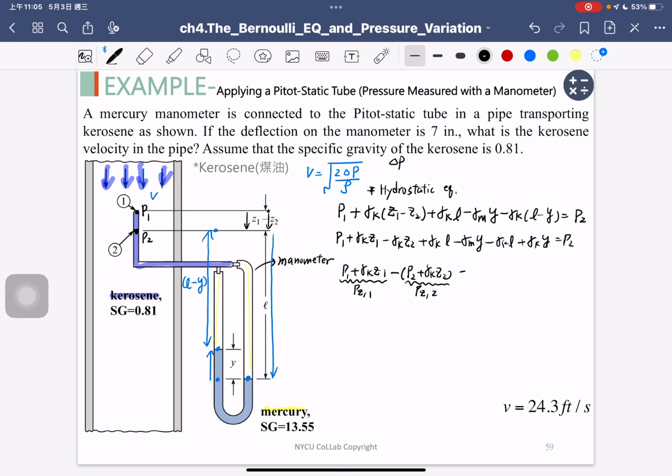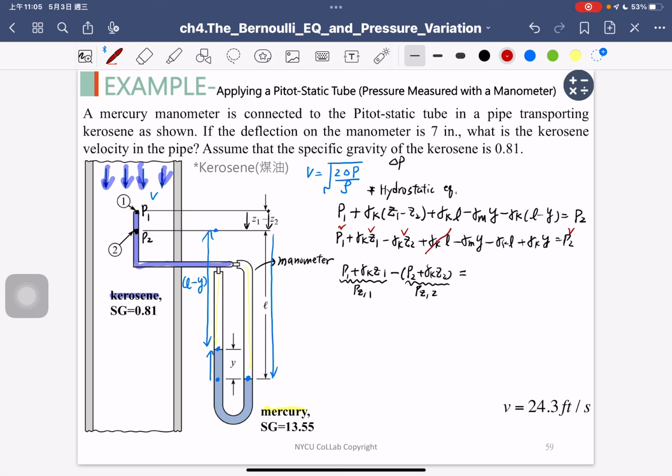And what will the delta p equal to? First I double-check the items. I already used the items for the four parameters listed in the equations, and you can also cancel out the gamma KL and the minus gamma KL here.